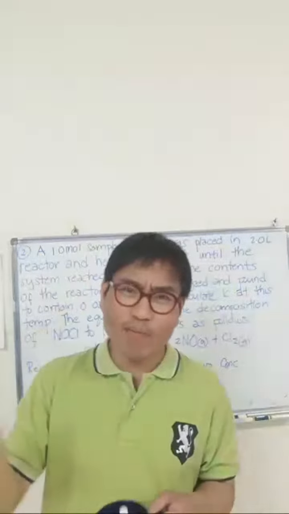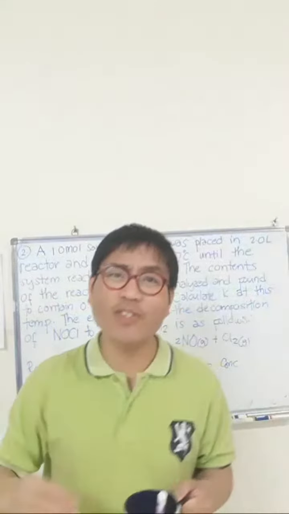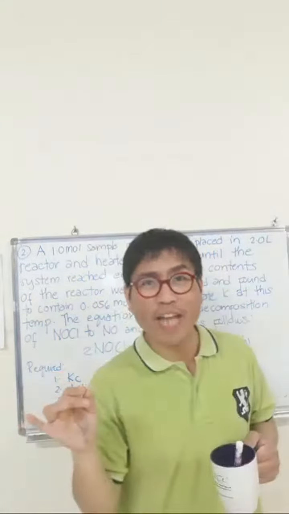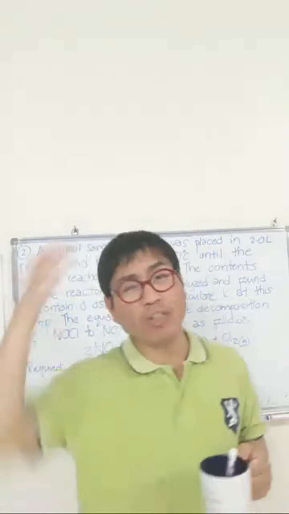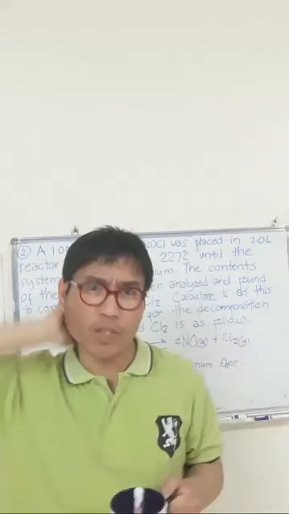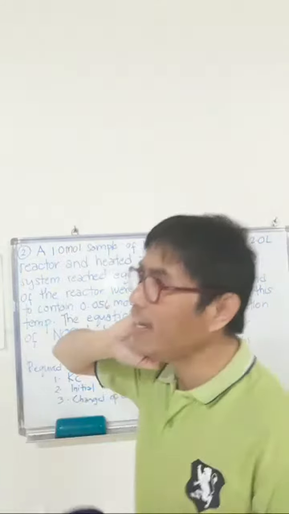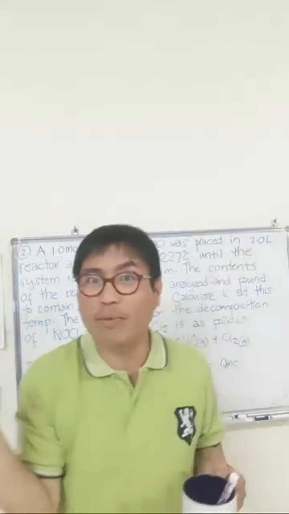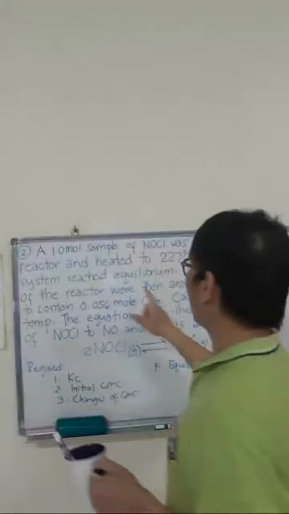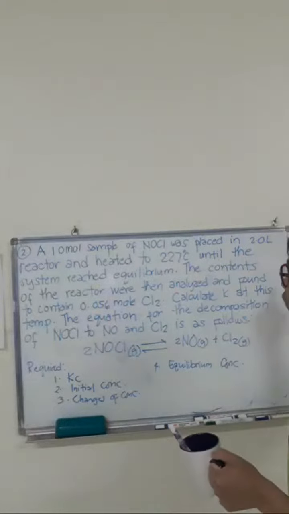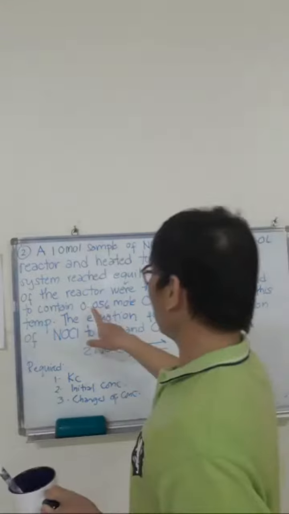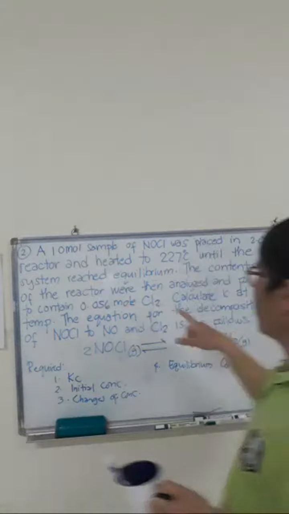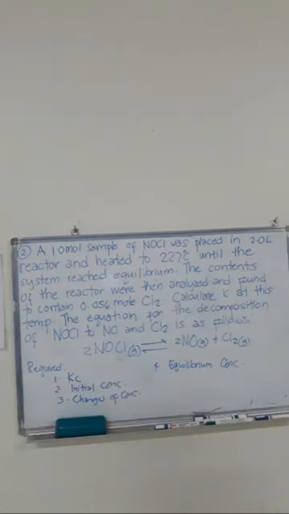Until the system reached equilibrium, meaning the rate of the forward reaction will automatically equal the rate of the reverse reaction. Meaning there's no change in the concentrations when this equilibrium has been reached. The contents of the reactor were then analyzed and found to contain 0.056 mole of chlorine gas.